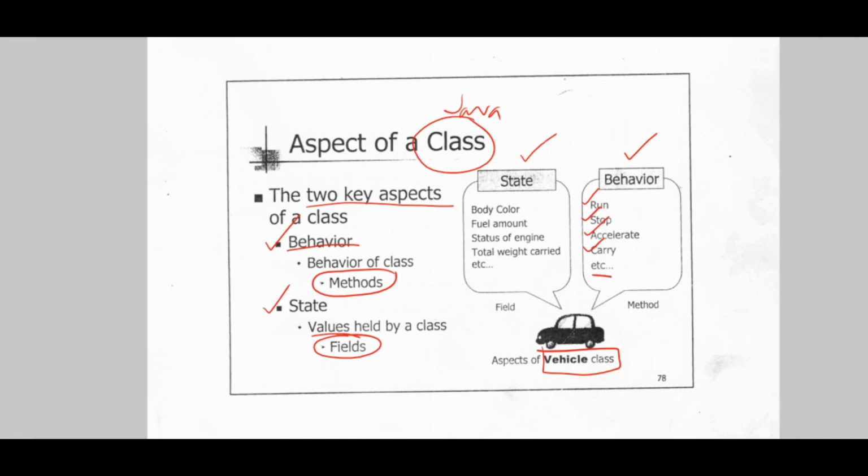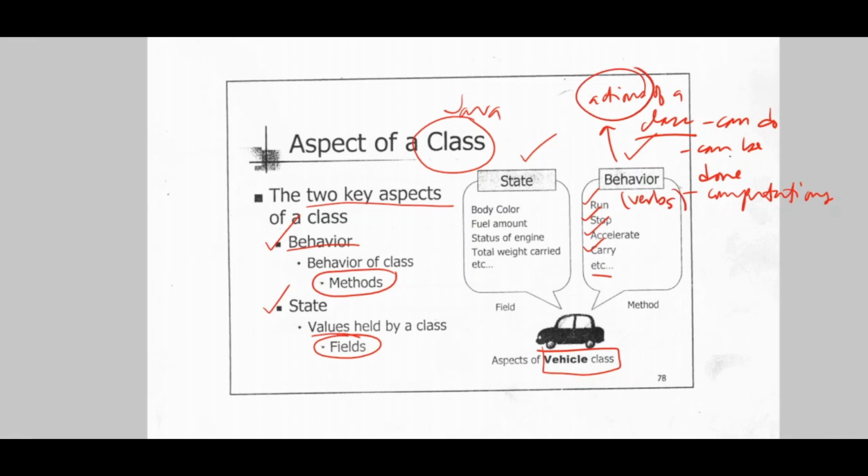So behavior refers to actions of a class, or what the class can do or can be done, or what the computations are in the class using the class. So behaviors are verbs or actions. So what the vehicle class can do is it can run, it can stop, it can accelerate, it can carry, and other things. The behaviors or the actions of the class are referred to as the methods of the class.